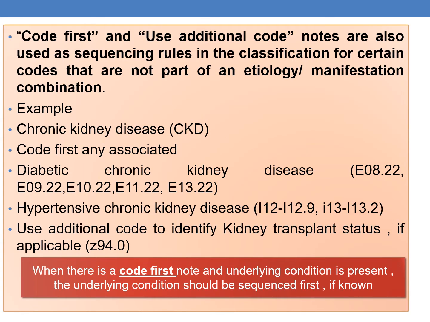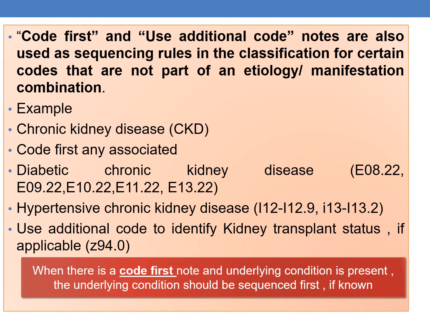Some more examples: code first and use additional code are also used in sequencing rules in the classification for certain codes that are not a part of an etiology manifestation combination. That means the code first convention and the use additional code convention are used for other codes also.